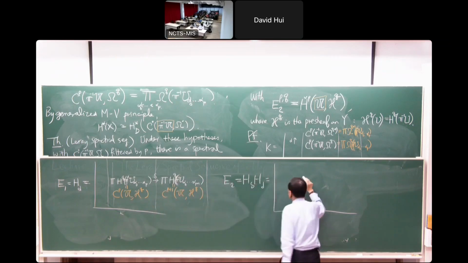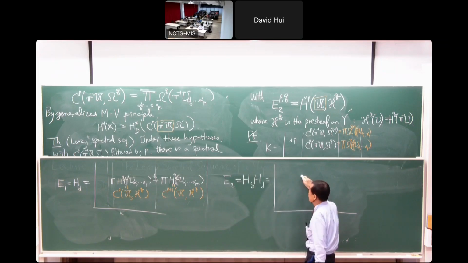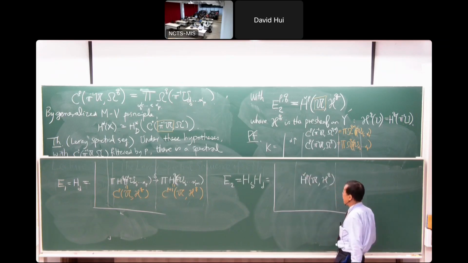And so therefore you're just going to get the Čech cohomology of the open cover U with coefficients in H^Q. So that would be the general term, and the next one would be the Čech cohomology H^{p+1} of U, H^Q.